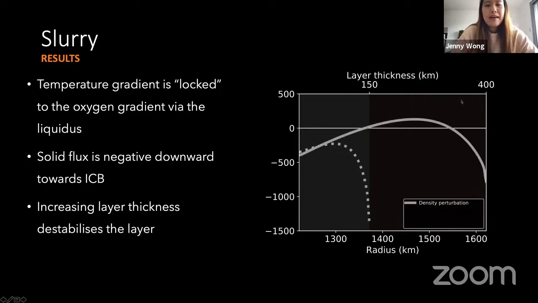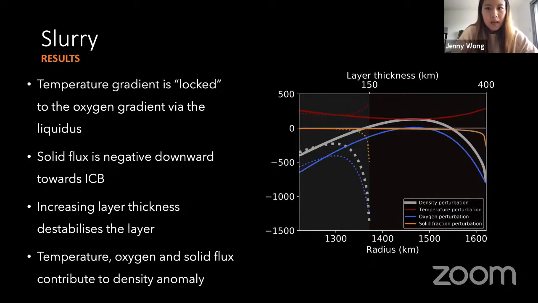And then for a layer 400 kilometers thick, you can see that in the mid depths, there are positive perturbations, which indicates that we have some destabilization happening here. This is because the pressure part of the liquidus relation begins to outweigh the temperature part, the compositional part, because the liquidus, you might remember when I mentioned earlier, depends on the pressure and the composition.